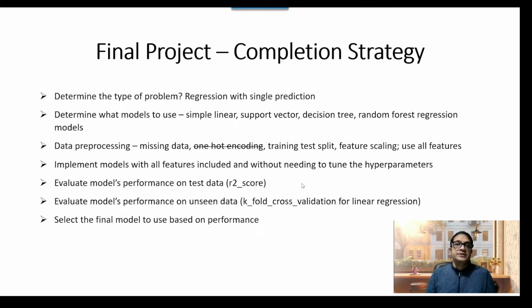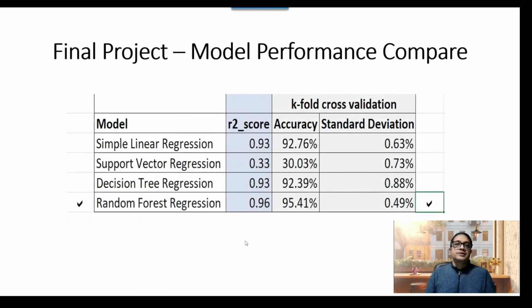So that's my strategy. Now, just one other note: once I was able to capture these two, the R-squared score and measurements given by the k-fold cross-validation, I created this chart that gives us a clear picture of how they compare against each other.